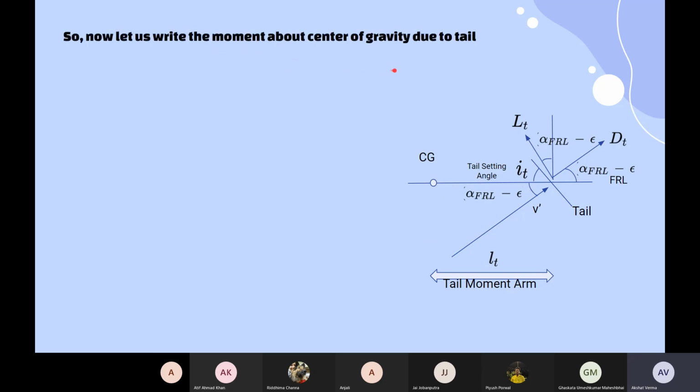If we write the moment about the center of gravity just due to the tail, like we have seen previously the moment about center of gravity due to the wing, let's now examine what the tail contributes to the moment about center of gravity. The expression for moment about center of gravity for the tail comes out to be this quantity, and this is the moment about the aerodynamic center of the tail, and it's a small quantity, so we'll neglect it in further approximations.